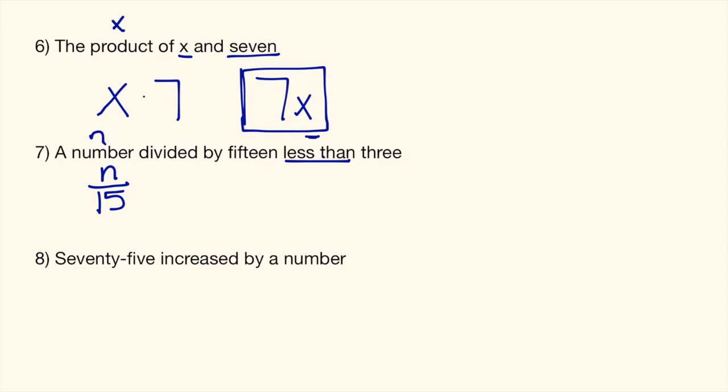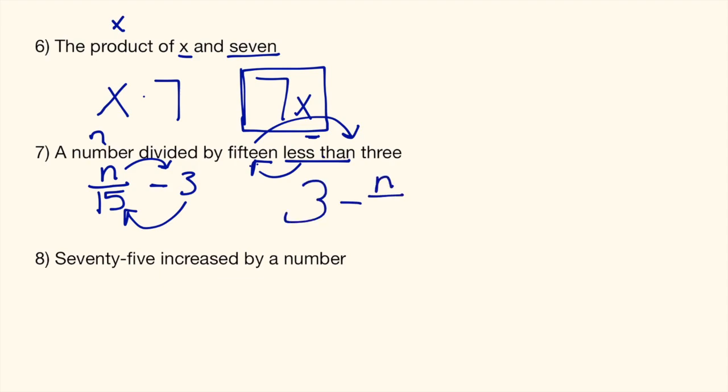Less than means we're going to be subtracting, but remember it's a turnaround phrase. So that means that we are going to be flipping these. So we're going to flip these around because it's a turnaround phrase. That less than is a little different than the other terms that we use. So 3 minus n over 15 is our answer.